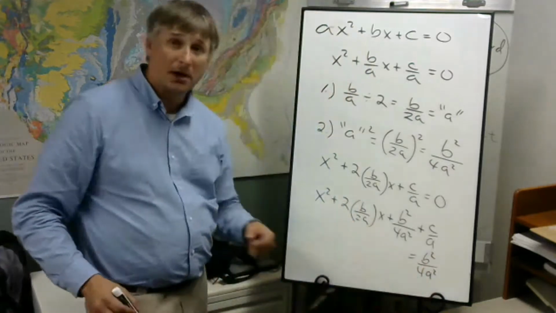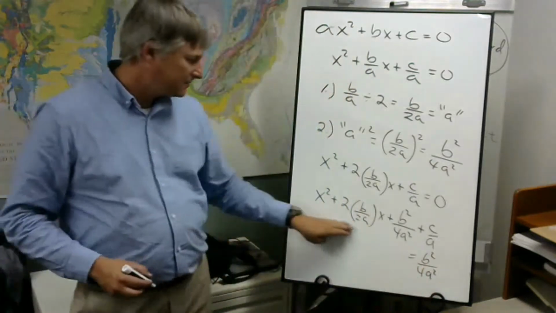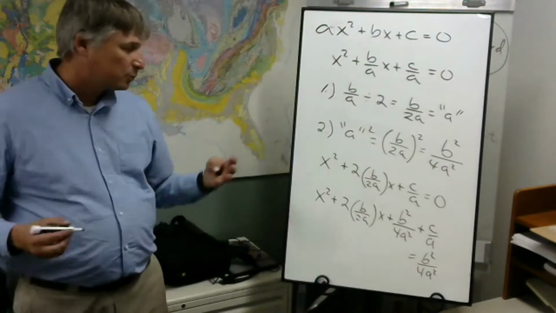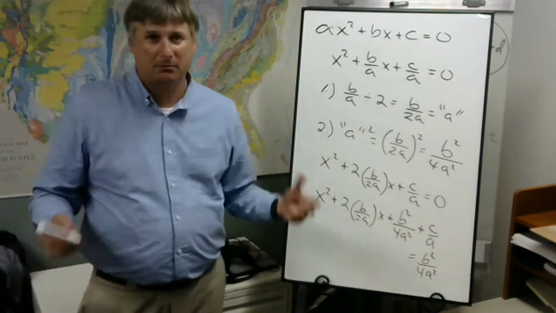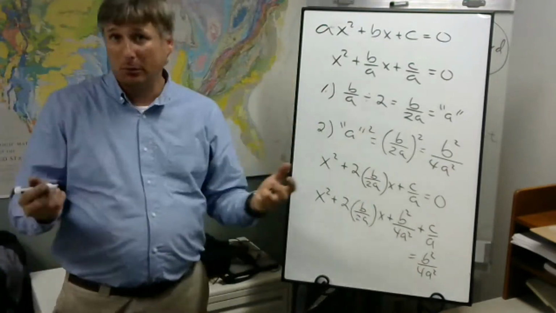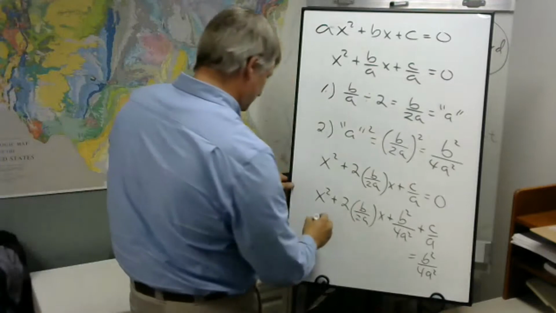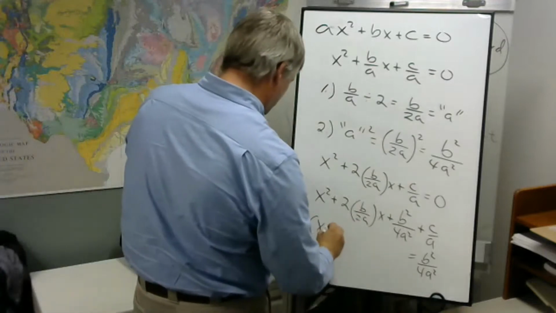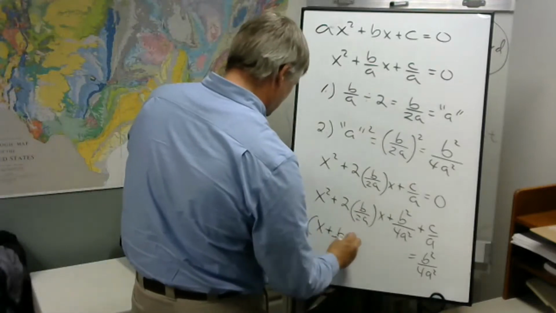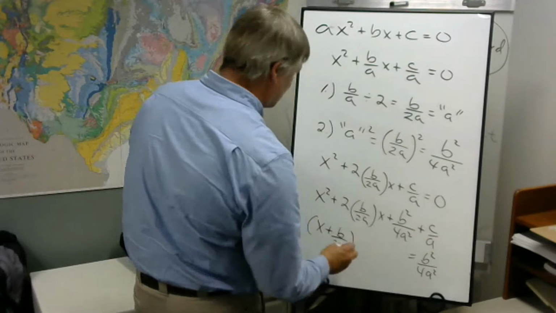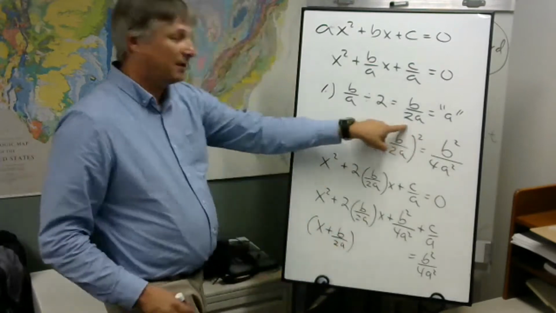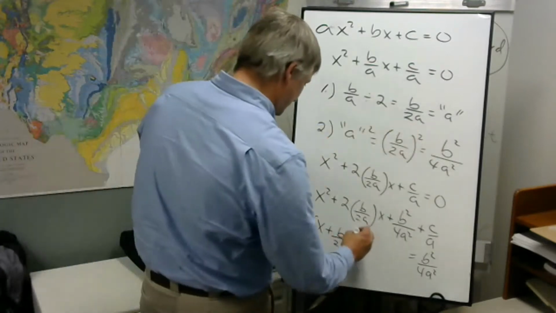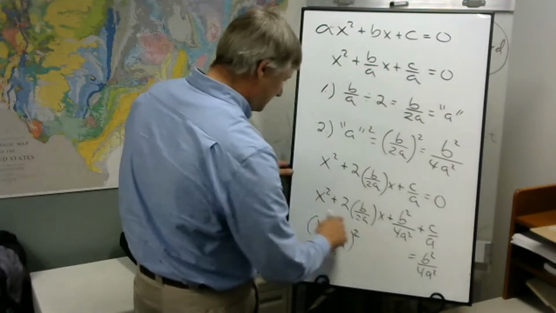So we add it to both sides. And this says we can rewrite it as x plus quotes a squared. Remember, that's our quotes a here. And that's this entire piece.